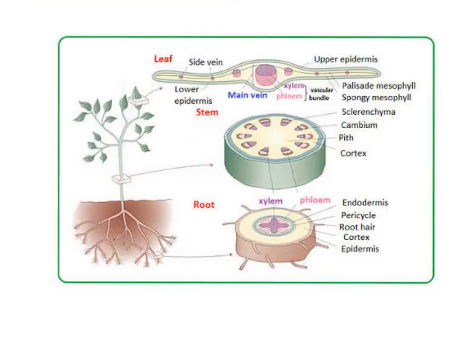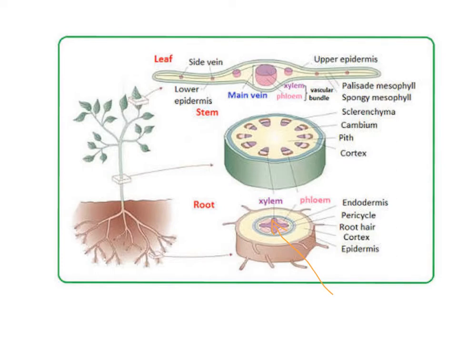So in this slide you can see the cross sections of the root, the stem and the leaf. And you can see that the organisation of xylem and phloem changes as you travel throughout the plant. So in the root there is xylem in the centre forming a kind of X, so that's a good way to remember.